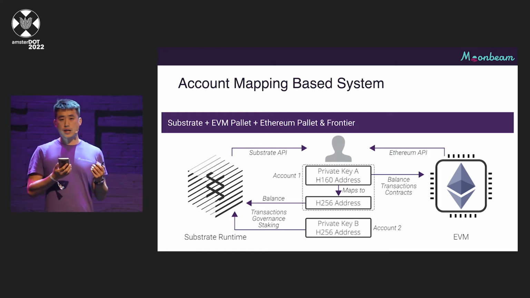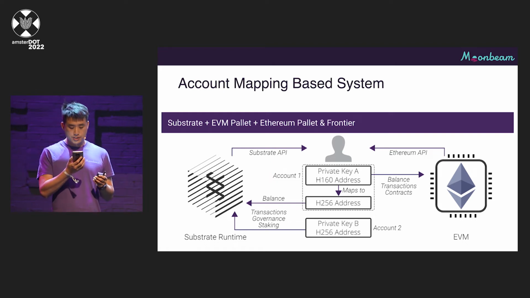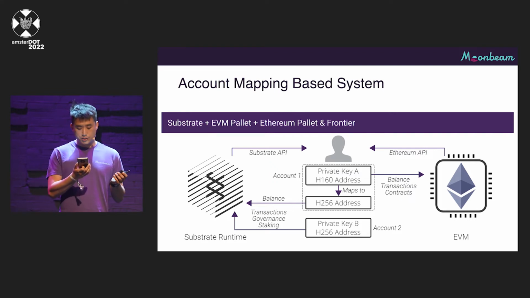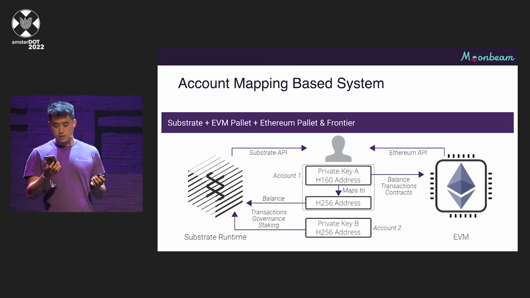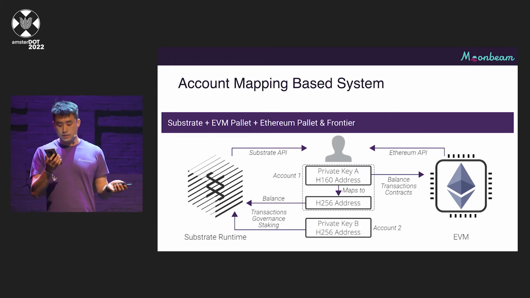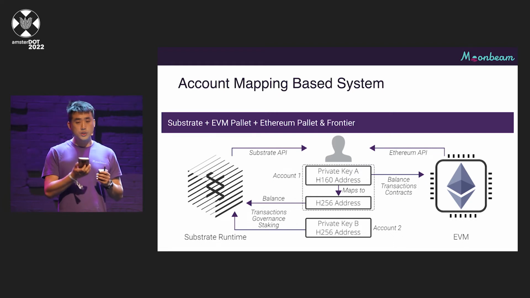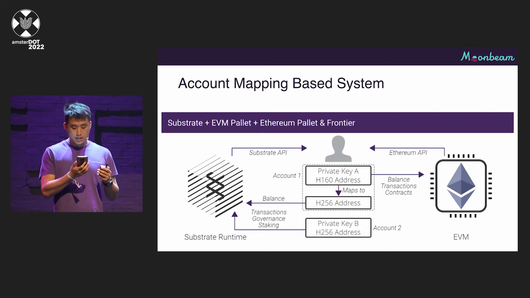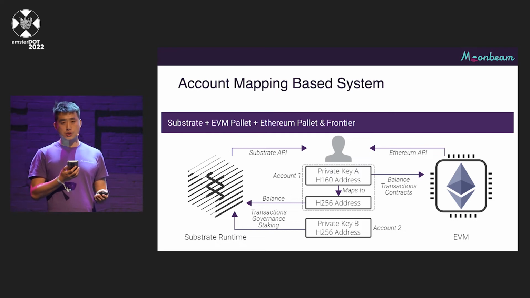But if you want to interact with Substrate features, like staking, the user would need to sign with their Substrate key. And if these key pairs are stored in different wallets, or in different apps, the user would need to swap these wallets or these apps. And we believe this will lead to a fragmented user experience.